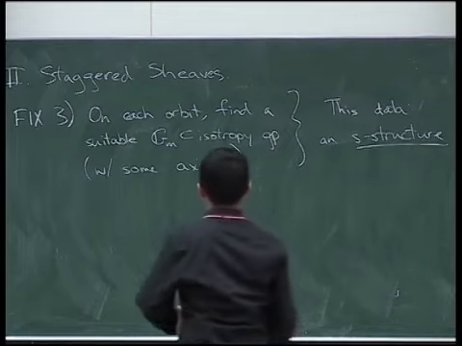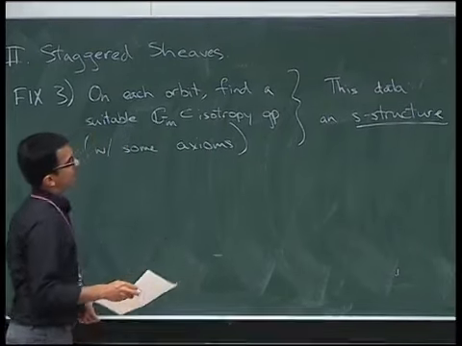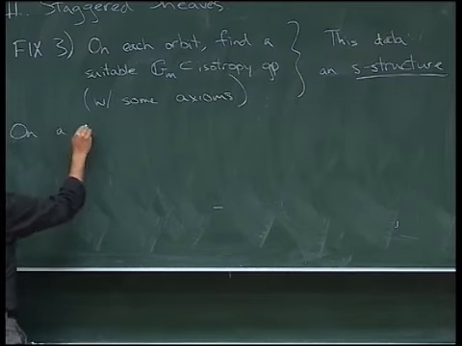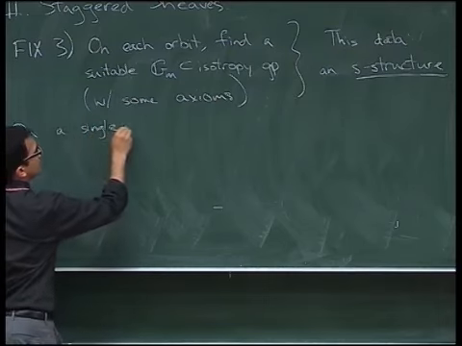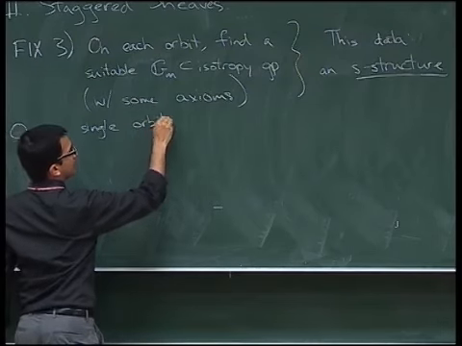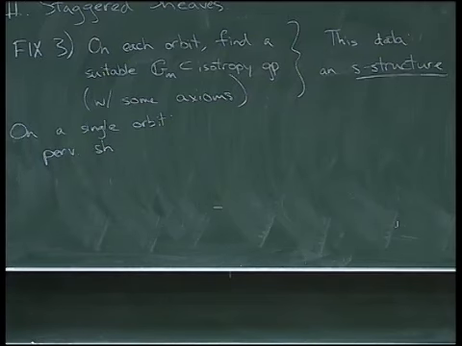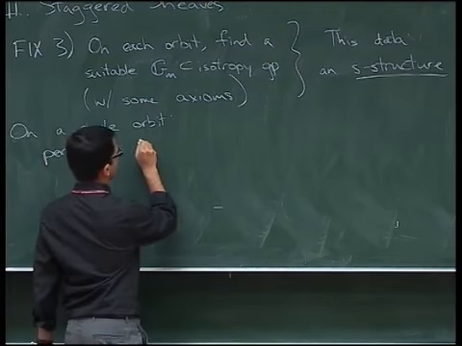And here's how this s-structure comes into use. So on a single orbit, I'm going to write down some things for an analogy. A perverse sheaf is just a shift of a local system.